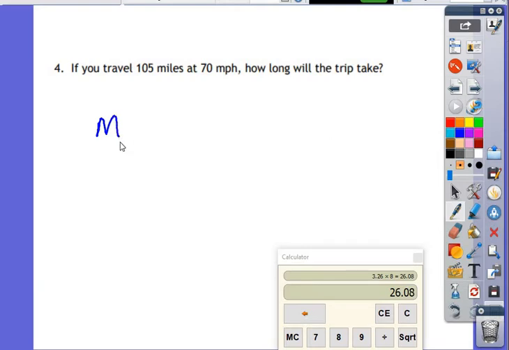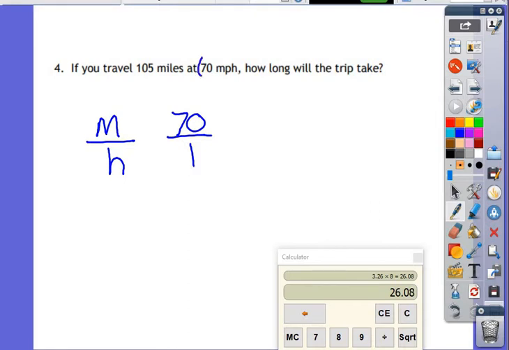Miles per hour. How fast was I going? 70. So 70 is going to go on the top of the fraction or the bottom? The top, because it's representing miles. How many hours is that representing? 1, because it says per hour, so that's per 1 hour.